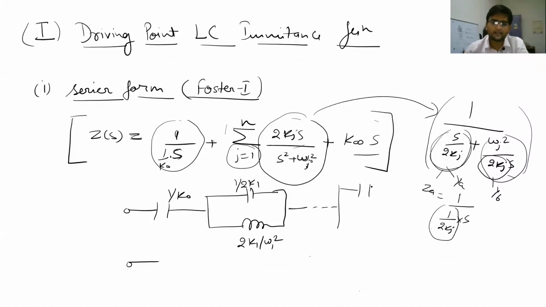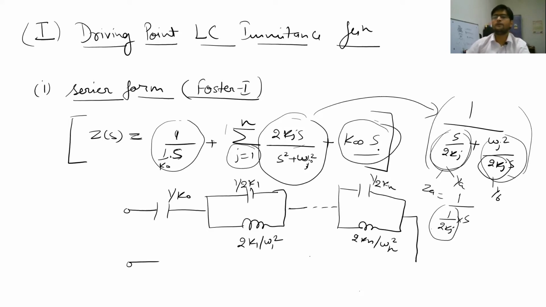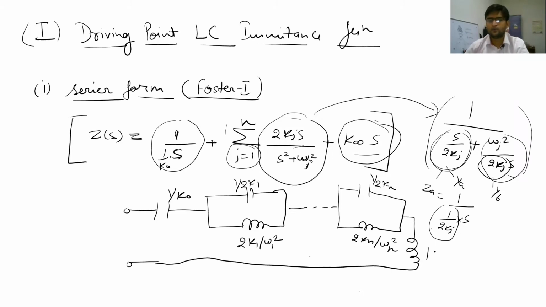Let us write the last component as well: this will be 1 upon 2Kn, and this inductor value will be 2Kn divided by omega n square. And finally, in the last, what you have is K infinity s, which is basically an impedance, so it will be an inductor. So finally you are going to get an inductor whose value is K infinity. Clear?